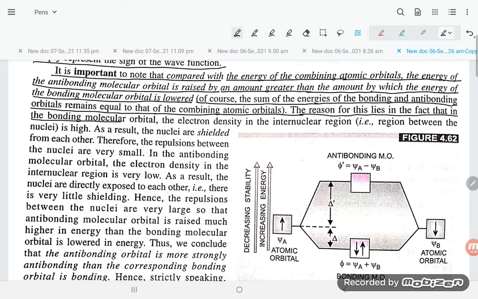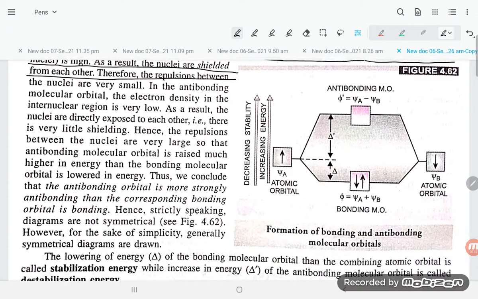The reason lies in the fact that in the bonding molecular orbital, the electron density in the internuclear region, that is the region between the nuclei, is high. As a result, the nuclei are shielded from each other, therefore the repulsion between the nuclei is very small.